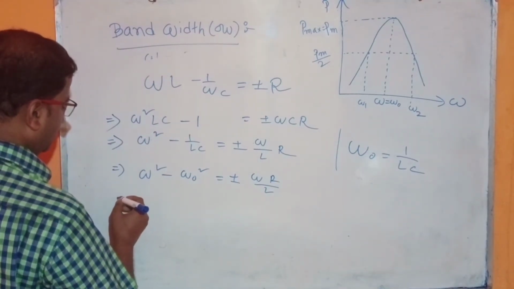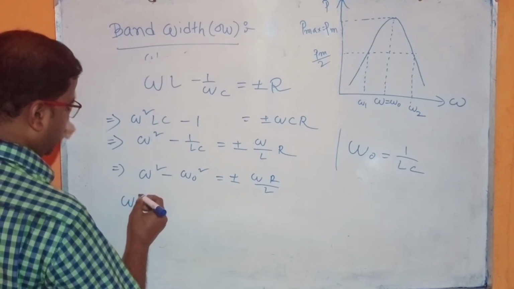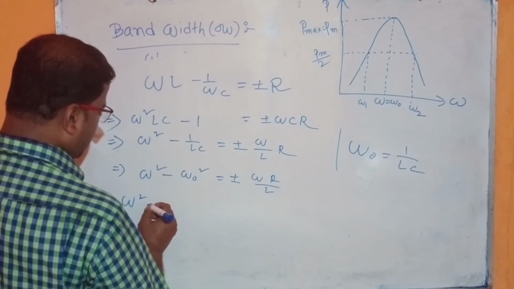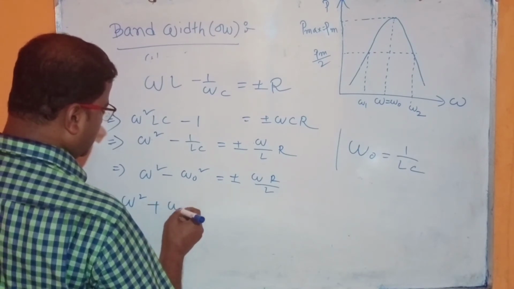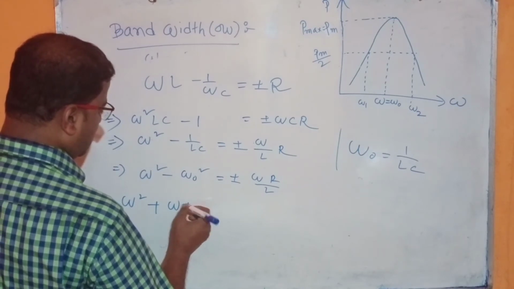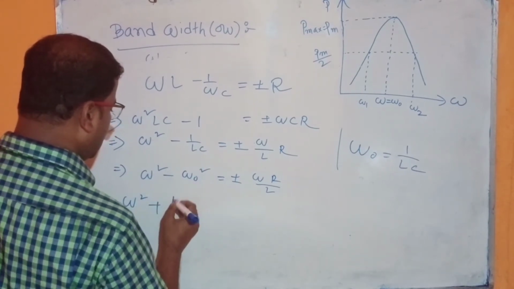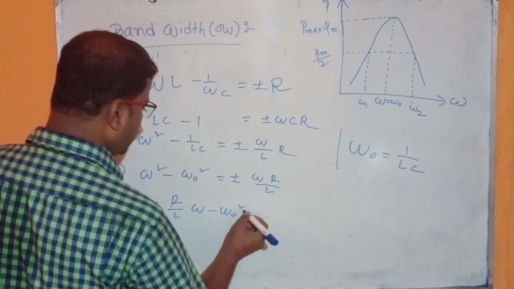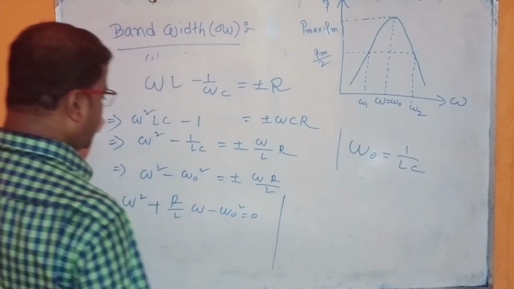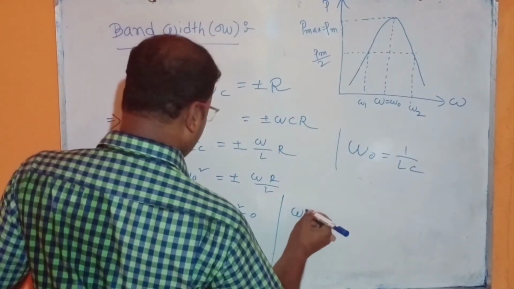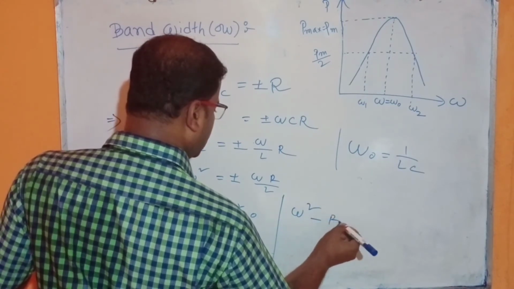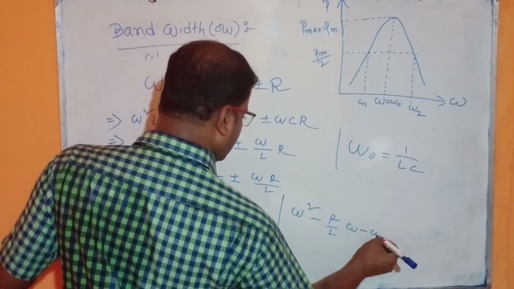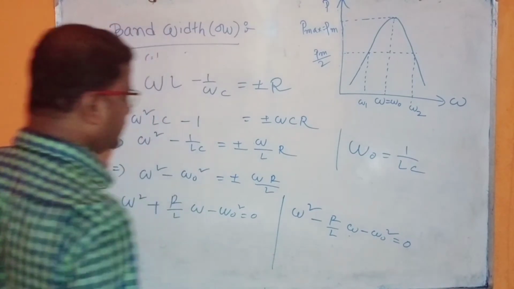Here we get two equations: omega square plus (R by L) omega minus omega 0 square equal to 0, and the other equation, omega square minus (R by L) omega minus omega 0 square equal to 0.